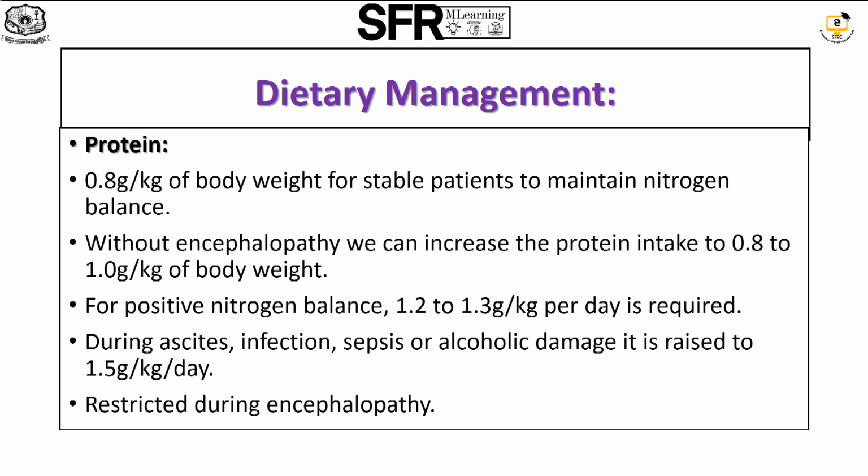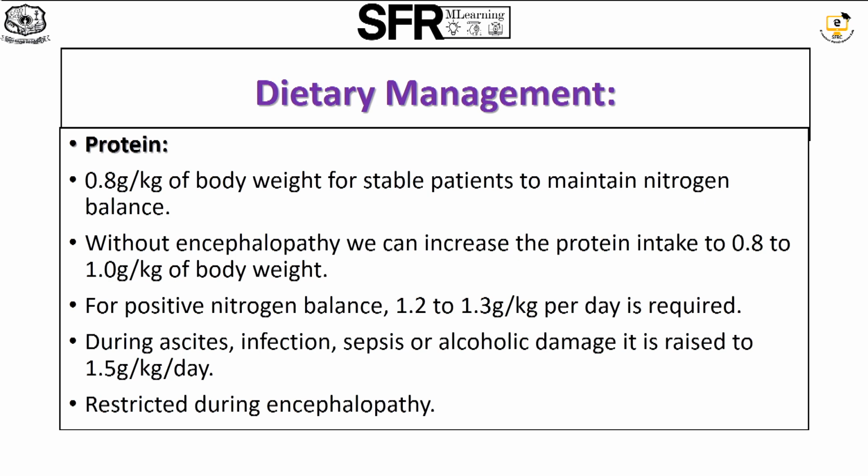So, if an encephalopathic condition is there, if a person is having the symptoms of hepatic encephalopathy or hepatic coma, like confusion, alterations, neuromuscular disturbances, then we have to completely restrict the dietary protein intake. The dietary protein intake is also one of the factors for excessive synthesis of ammonia.